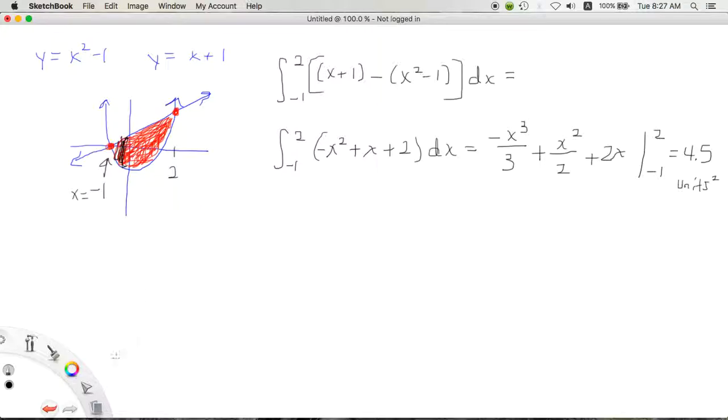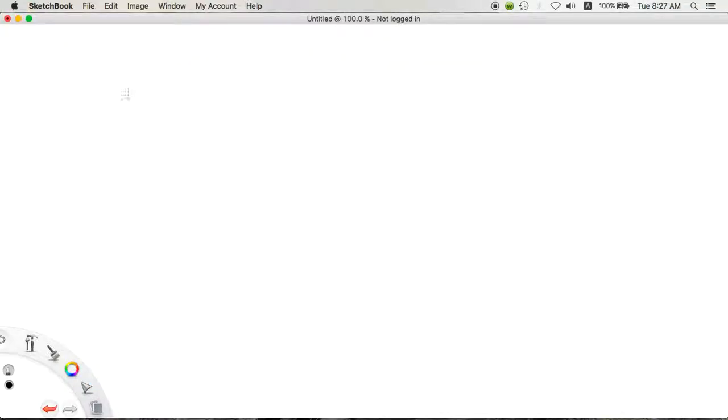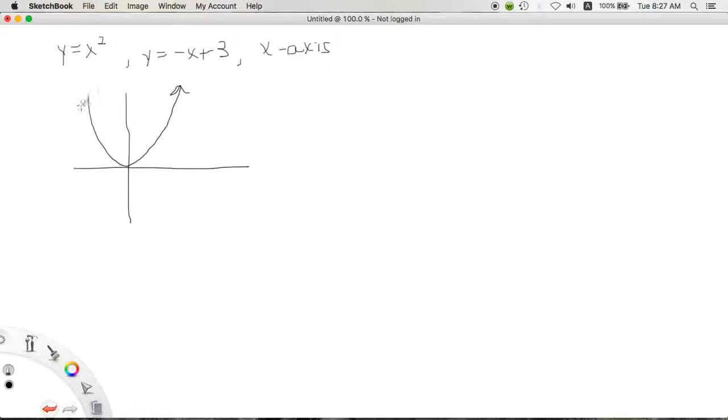Now, sometimes you're going to find that it doesn't work out quite that neatly. Let's say we want to look at between y equals x squared, y equals negative x plus 3, and the x-axis. So we draw a picture. It's always best to at least sketch out a picture, even if you're going to graph it in your calculator, which I do suggest that you do because you're going to want to find the intersection points.